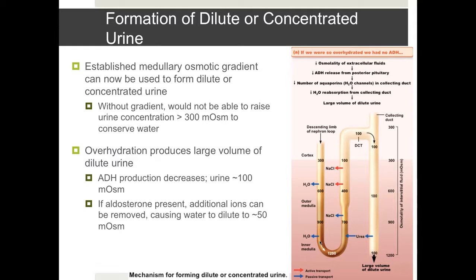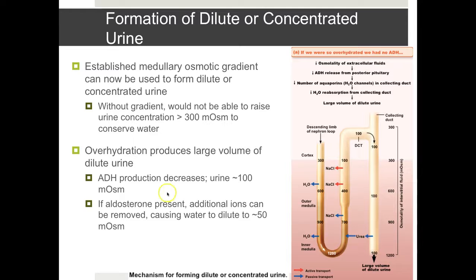What's happening here is our ascending limb is going to decrease its osmolality, and that creates more dilute urine. We are not reabsorbing our water at that point, and our osmolality at the end could be somewhere around 65 milliosmoles, and that's going to happen when we have aldosterone present, which, if you remember, is going to reabsorb sodium and water.